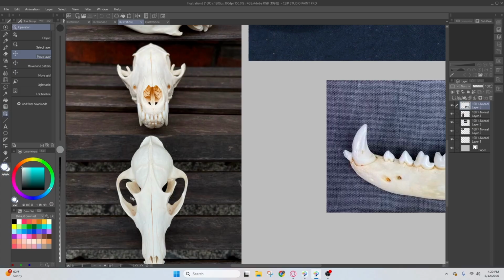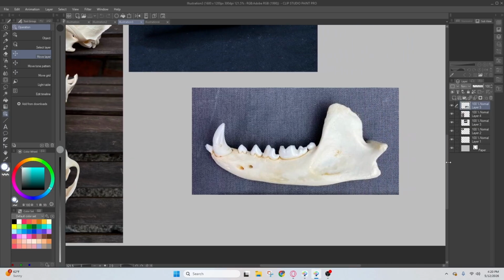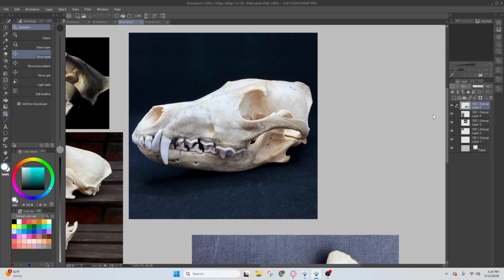The good thing, in a sense, is that drawing animal bones is definitely a lot easier than drawing animals, because when you're drawing animals, the position of eyes and ears and the nose, right? They need to be in the right position, otherwise they look a little off.